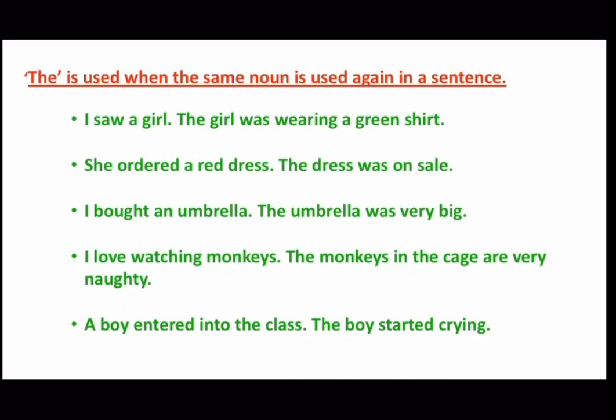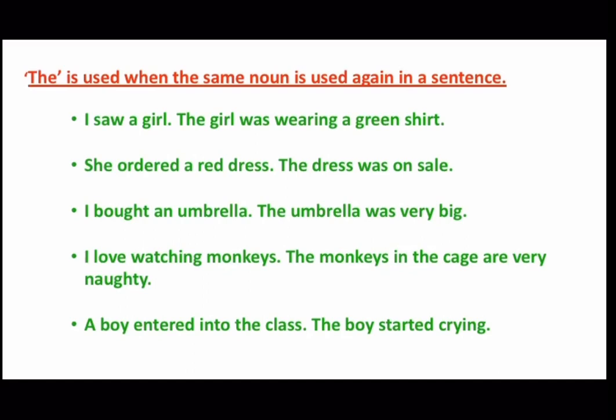I bought an umbrella. The umbrella was very big. In the first part of the sentence, it can be any umbrella, but in the second part of the sentence, it is the umbrella which was very big. I love watching monkeys.